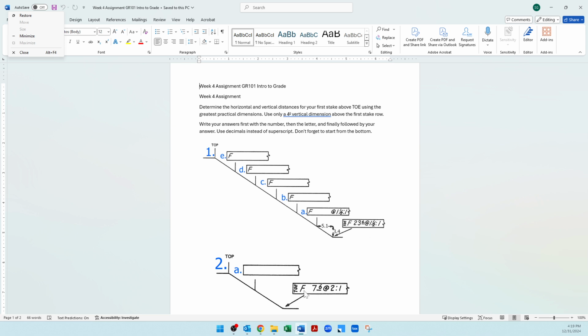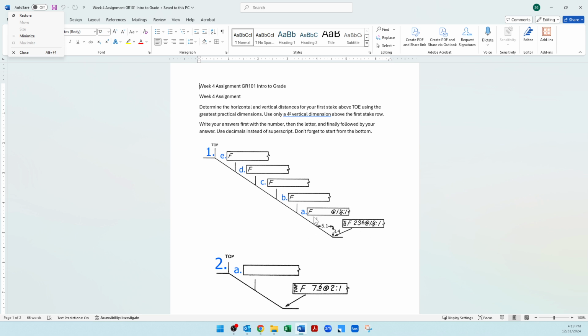If I went too fast, let me go back again and slow it down. Just because this is a little bitty slope doesn't mean you have to change the rules. The highest multiple of 4 that can be subtracted from 7.6 is 4. That leaves you 3.6 for a vertical. And you take that vertical and multiply it times 2. So 2 times 3.6 equals 7.2.